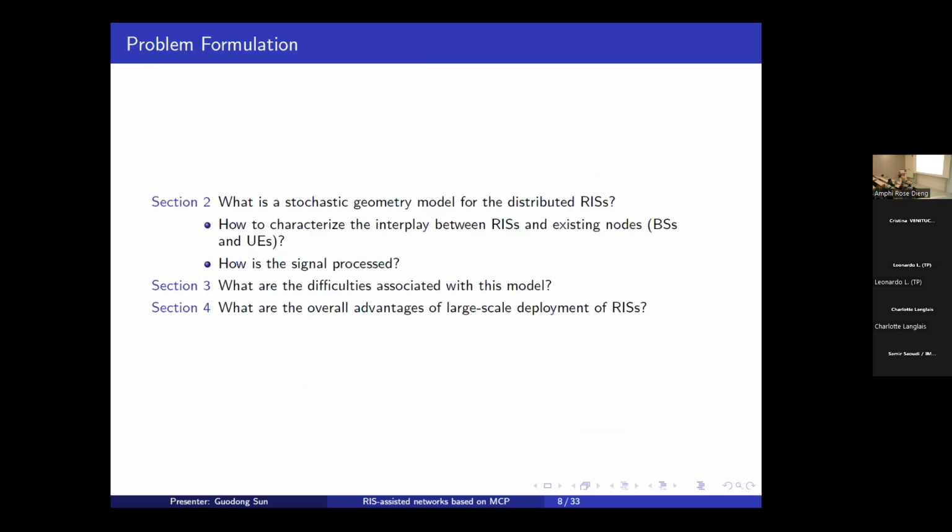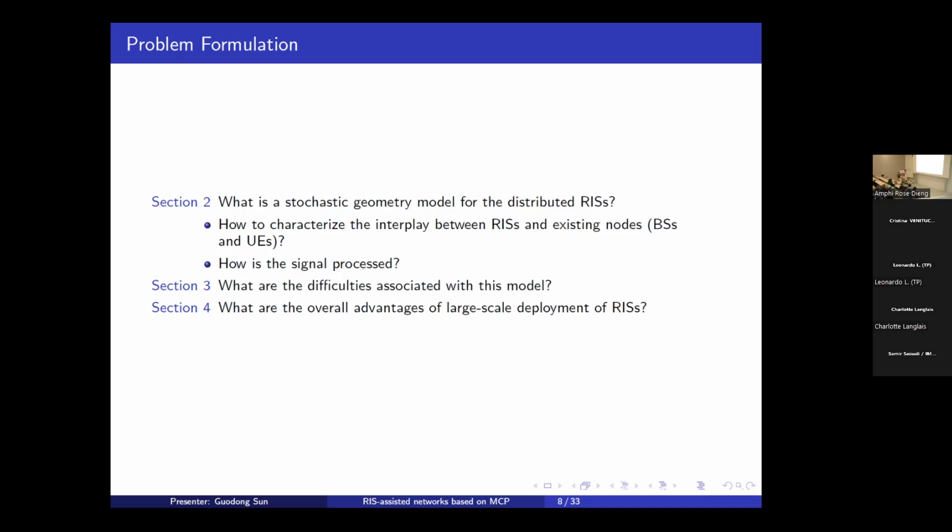Then with this brief introduction of stochastic geometry, now we formulate our problems. What is a stochastic geometry model for considering the distributed RISes randomly located around base stations? And in particular, how do we characterize the interplay between base stations, RISes, and users?